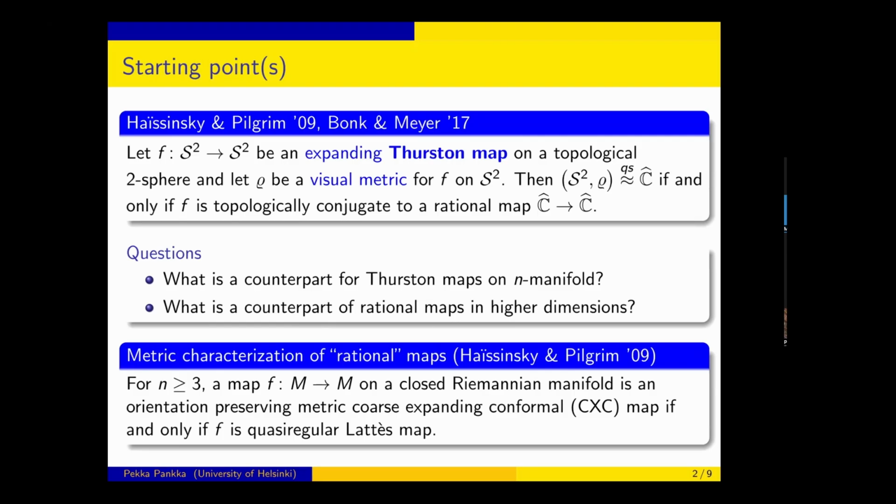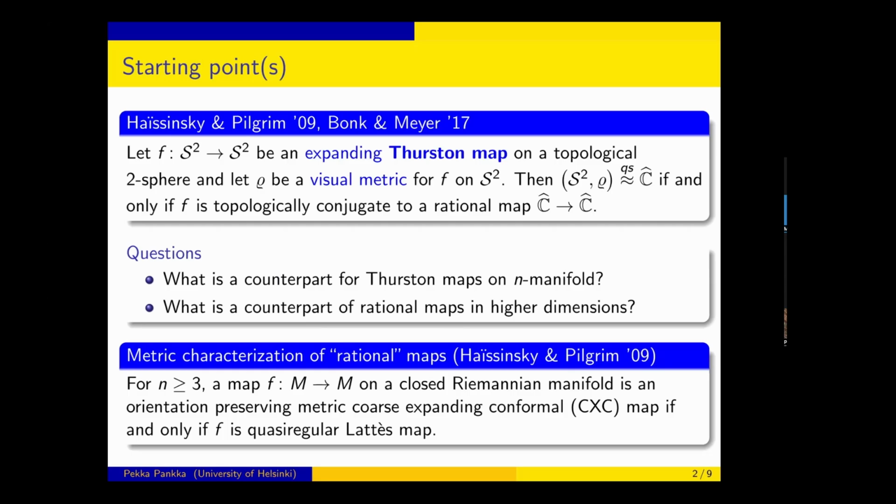If you look at the work of Haïssinsky-Pilgrim, which is the Astérisque book, you notice that there is a metric characterization of the "rational maps" — I put rational maps in quotation marks, because I'm going to higher dimensions and already trying to find a replacement to use. If you are in higher dimensions, you are looking at maps on a closed Riemannian manifold.